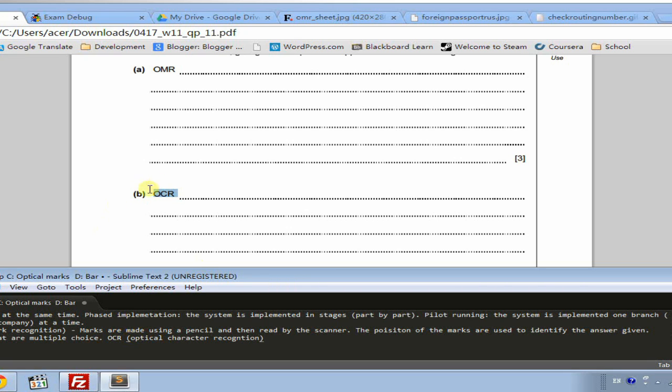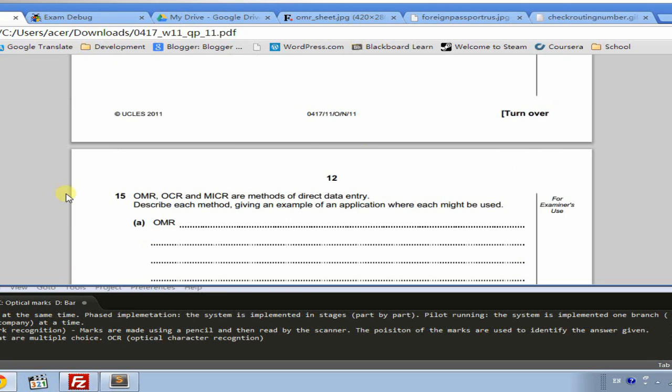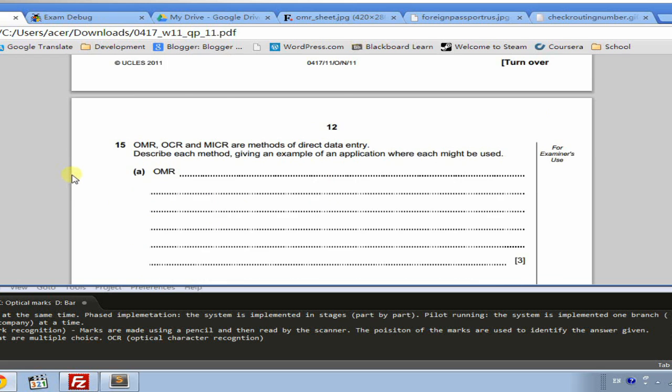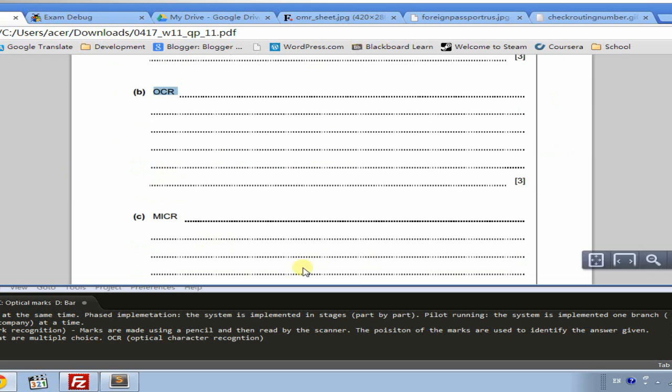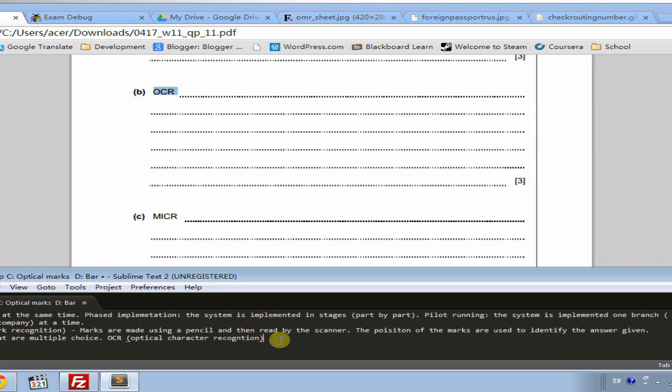It's really good if they ask you and they just give you the acronym, it's really good if you can change it out into the full words. It shows them early on that you understand what's going on, at least a little bit, and that you're not just making up some fluff. Okay, so optical character recognition.